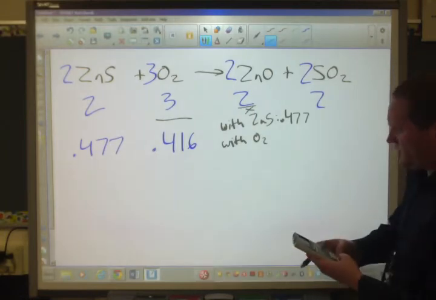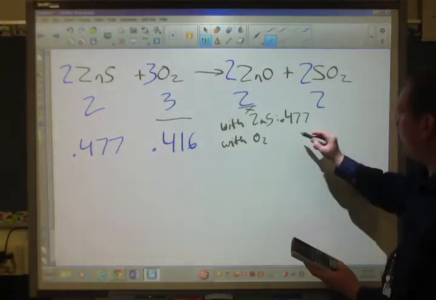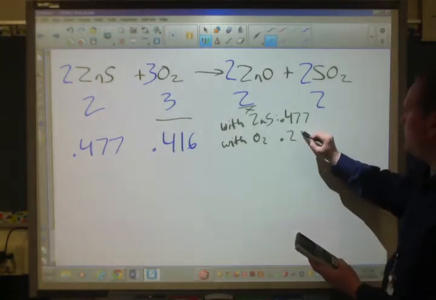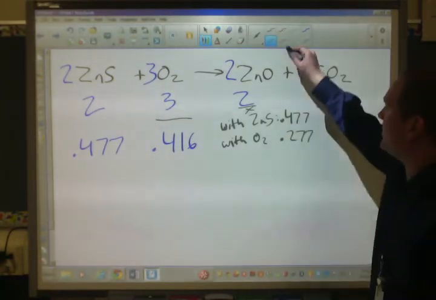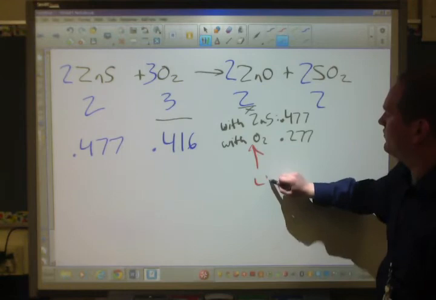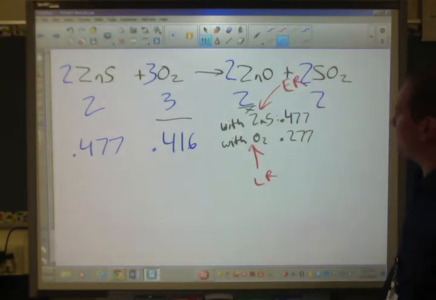So 3x equals 2 times 0.416, divided by 3. 0.277. Okay, so I was correct. Oxygen is definitely my limiting reactant. Zinc sulfide is my excess reactant.